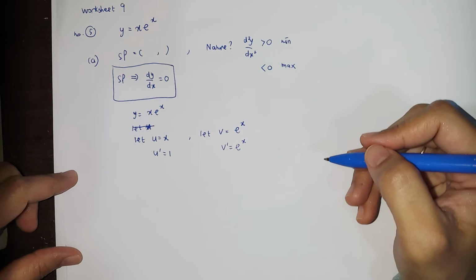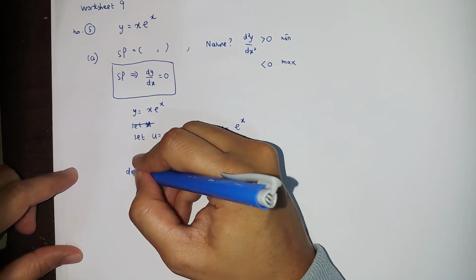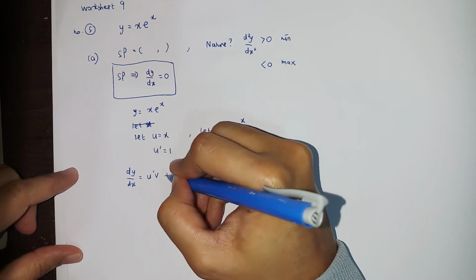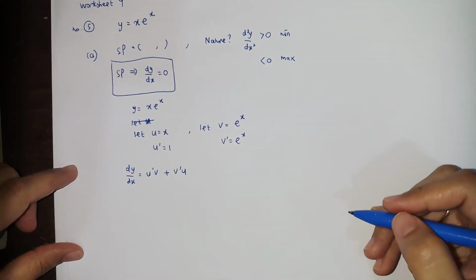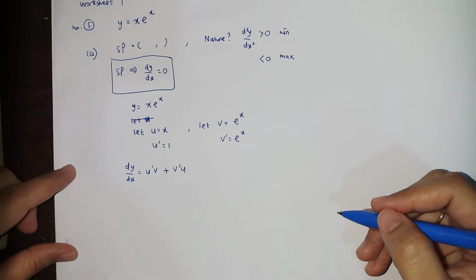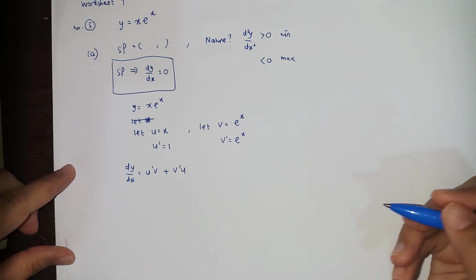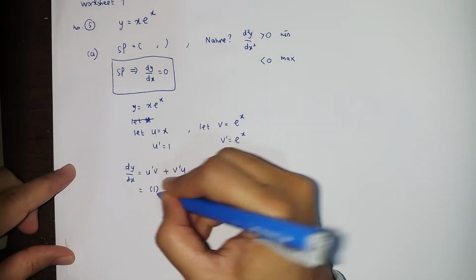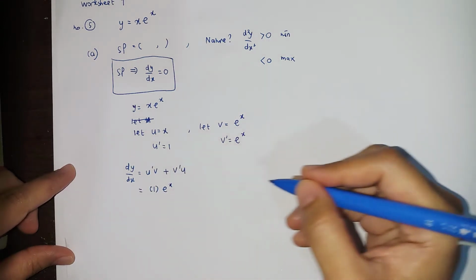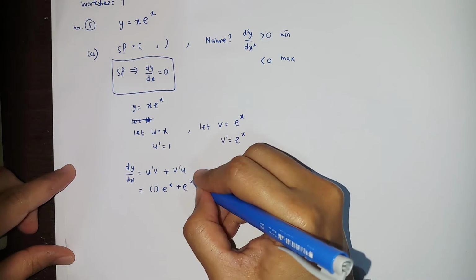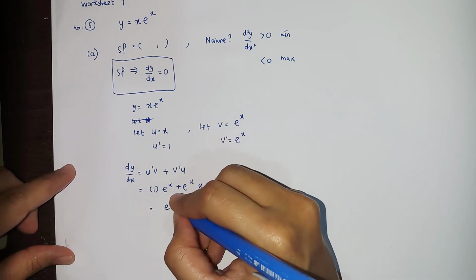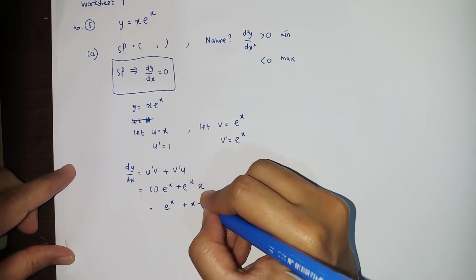Now we substitute into the formula dy/dx equals u prime v plus v prime u. It's okay to rewrite that formula over and over again so that you will remember it. So we get 1 times e to the power of x, plus x e to the power of x.